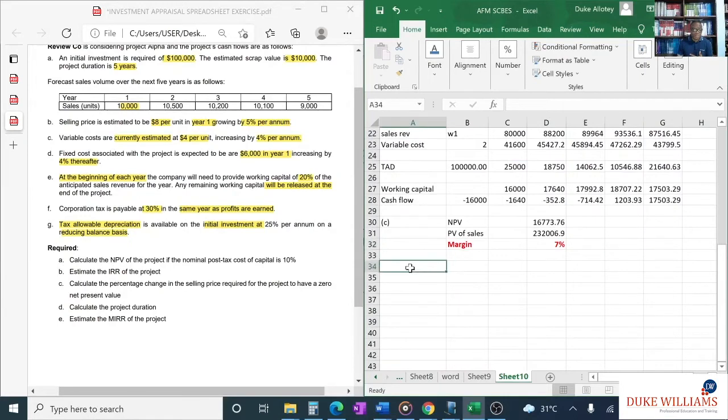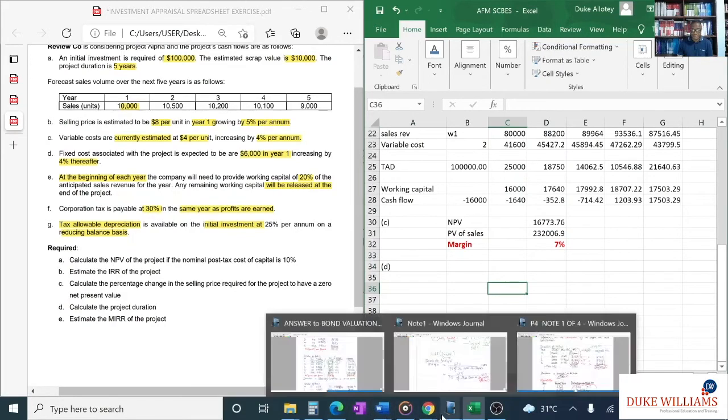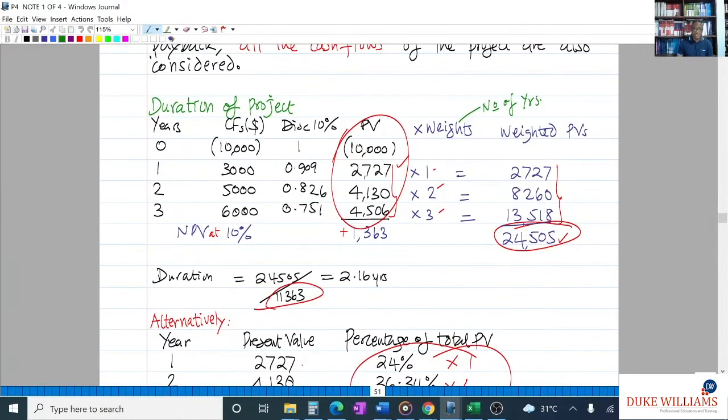So for those needing to do AFM, we can be asked to do the project duration. Interestingly, duration has to do with finding the present value of the inflows, as you can see here, then multiplying them by the number of years, weighted by the number of years, to get weighted present values.